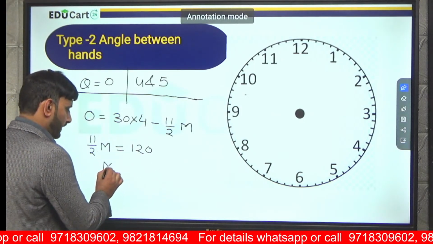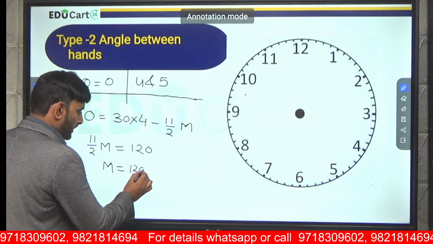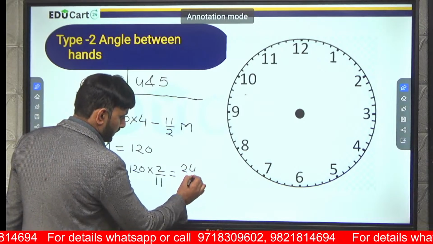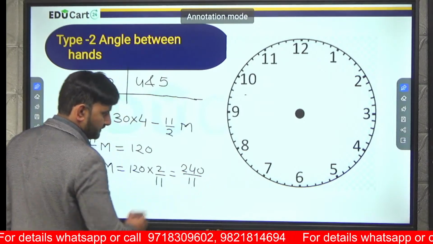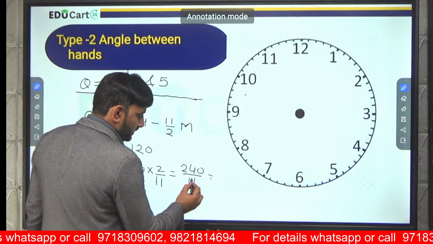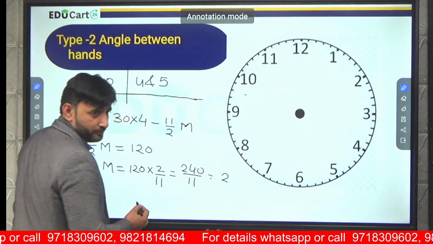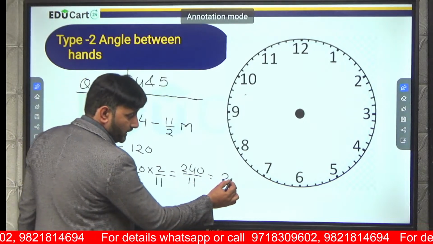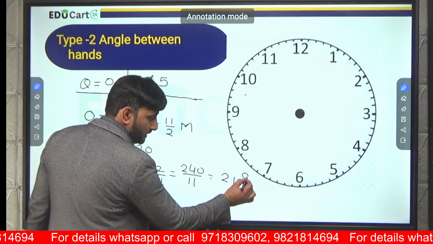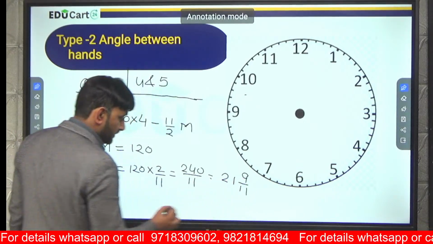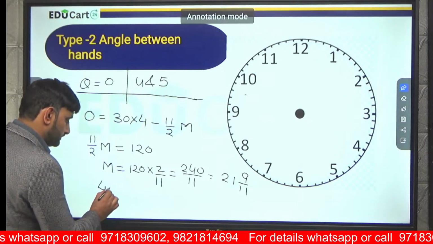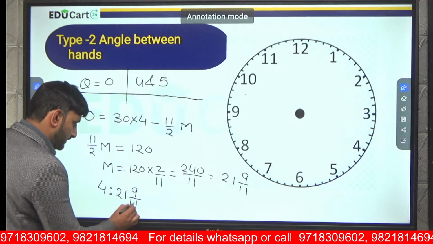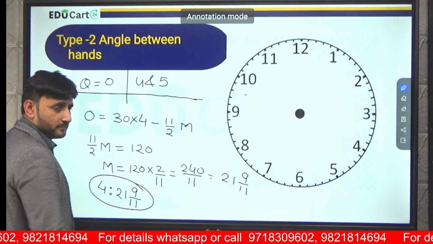So the value of m will be 120 into 2 by 11, so that is 240 upon 11. If you divide it, 11 2s are 22, you are left with 2, it becomes 20. 11 1s are 11, you are left with 9. So the answer is 4:21 9 by 11. This will be the answer.